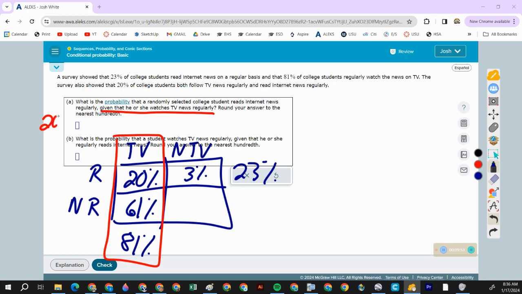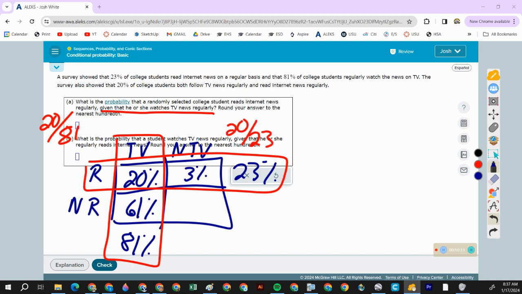So that would be 20 out of 81, and then whatever the decimal is. What is the probability that a student watches TV news regularly given he or she is a reader? So that would be in this group. So 20 out of 23. All right, that's it.